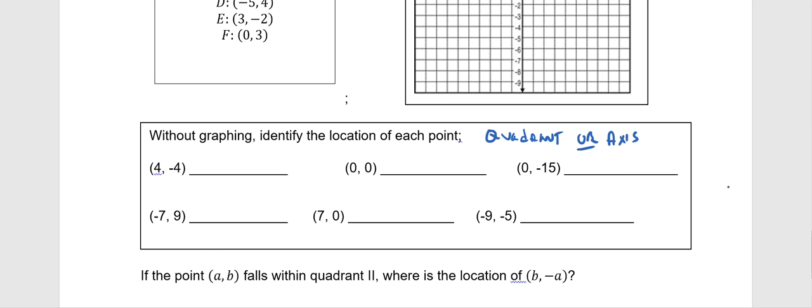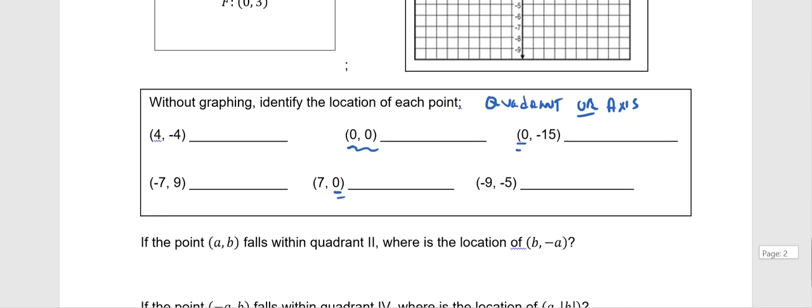So we want to know that if it's not in a quadrant, it's probably sitting in an axis. And a giveaway for that is you're going to see zeros showing up. And this one, as we know, is a special point. So I'll let you work on that, and we will review the answers to what you plotted and what you identified for locations when you come back to class.